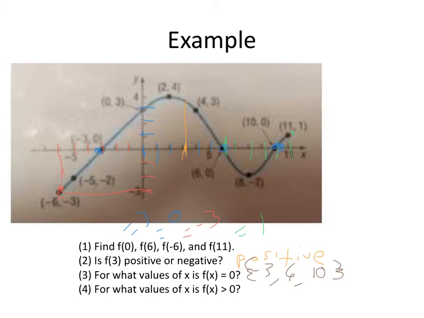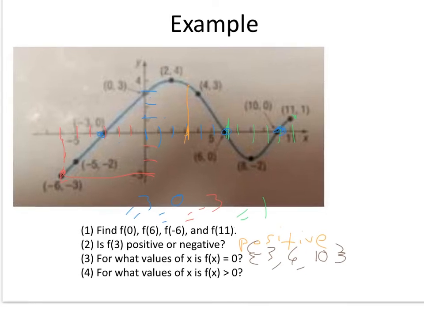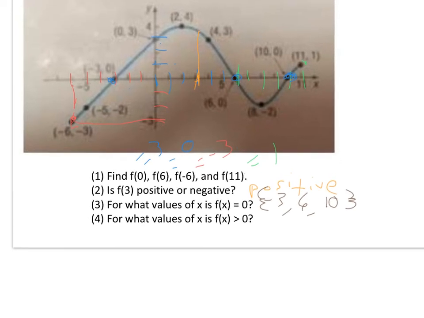So now for what values of x is f of x greater than 0? Of course, some room to write. Alright, so it's positive from here to here, from this x value to this one. So it'd be from -3 to +6.